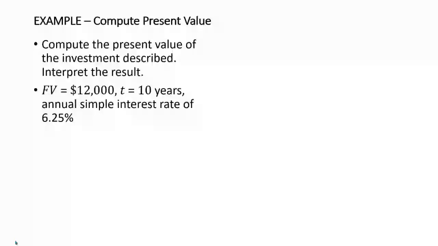So, compute our present value if we want to have $12,000 in the bank in 10 years, given we have a simple interest rate of 6.25%. So, present value equals future value divided by 1 plus the rate times the time.